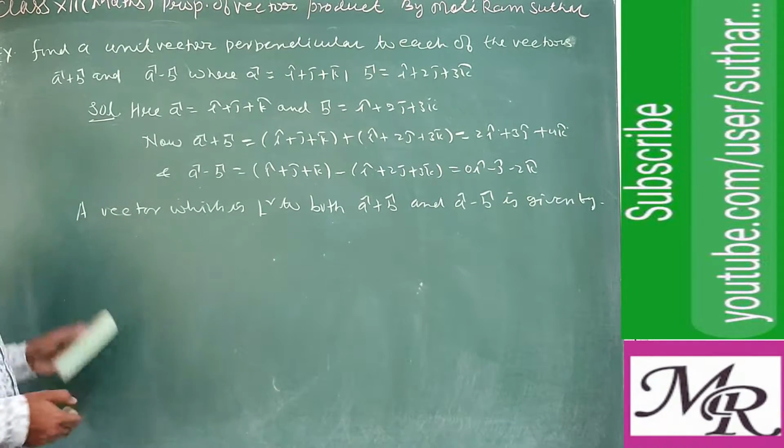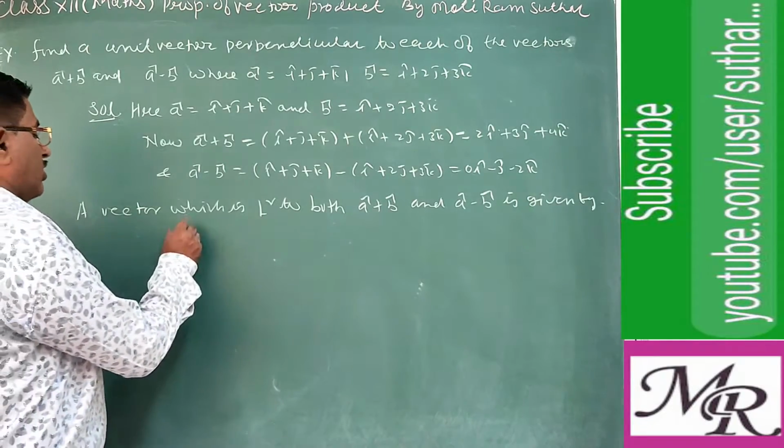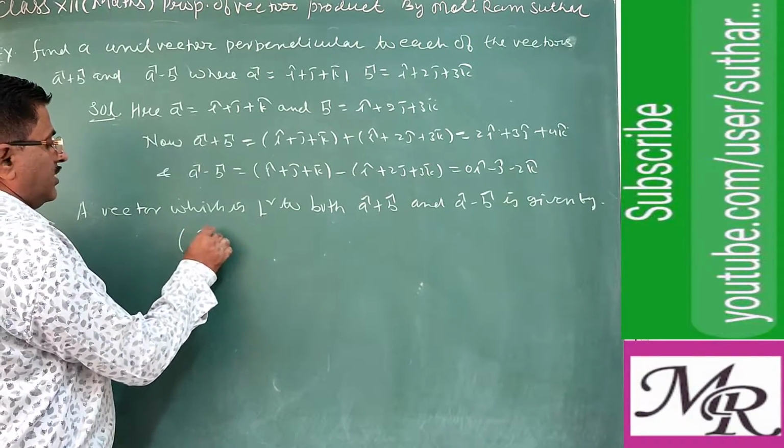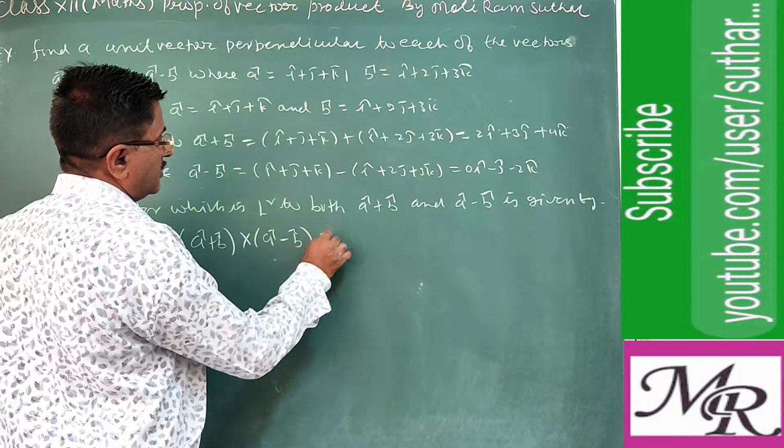A vector which is perpendicular to both vector a plus b and a minus b is given by their cross product, that is vector a plus b cross a minus b.